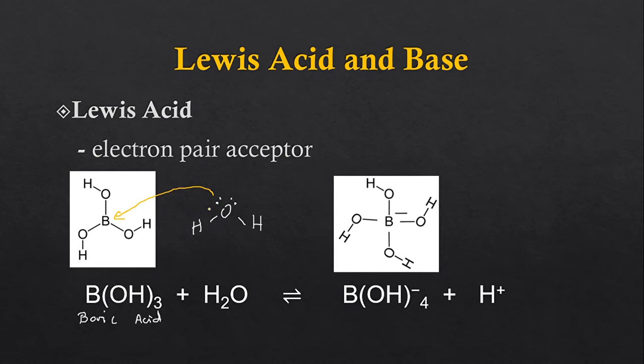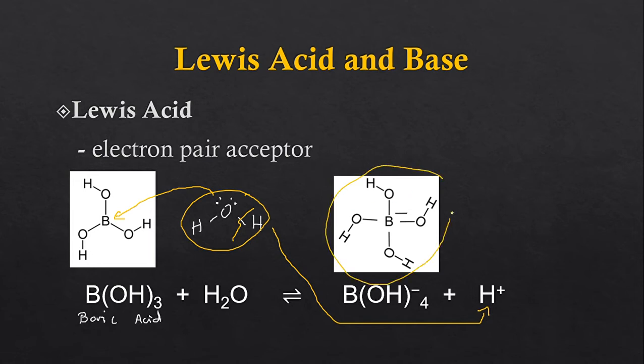Now, hindi mananatiling buo itong si water kapag nag-donate siya ng electron pair kay boron. Magdi-dissociate itong part na ito, okay, to form the hydrogen ion. Okay? Itong hydroxide na yan, dadagdag yan sa structure ng boric acid to form this.